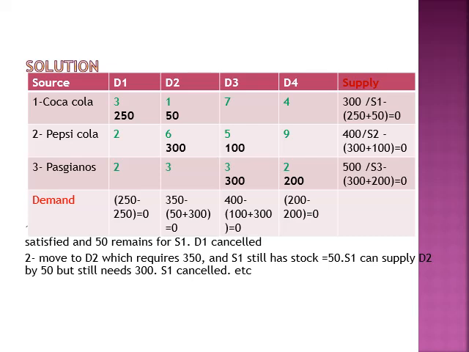Now, the cell C11, or D1S1, demands 250 units as stated.